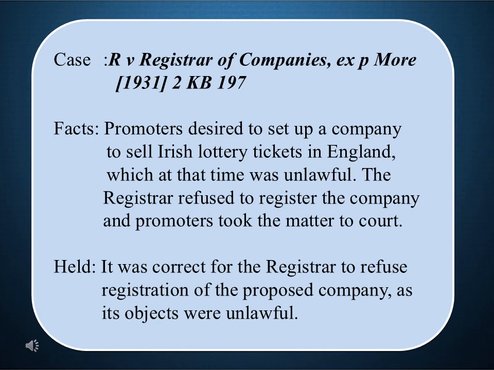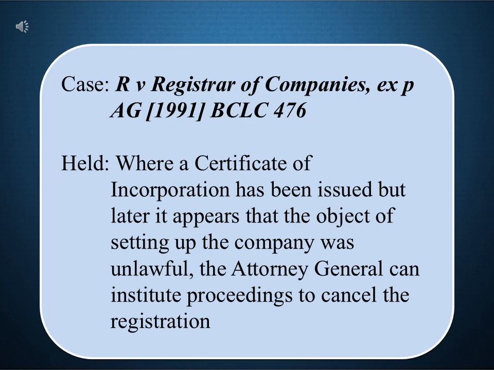So the registrar refused to register the company. The promoters took the matter to court, and the court decided that the decision by the registrar was correct. The registrar can refuse the registration because the object of incorporating the company was unlawful.